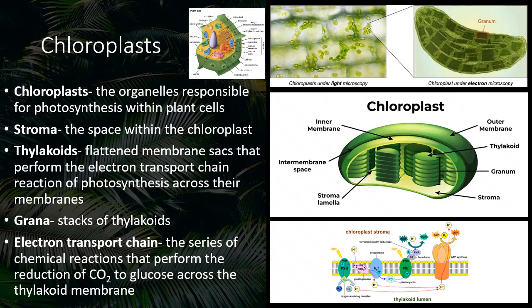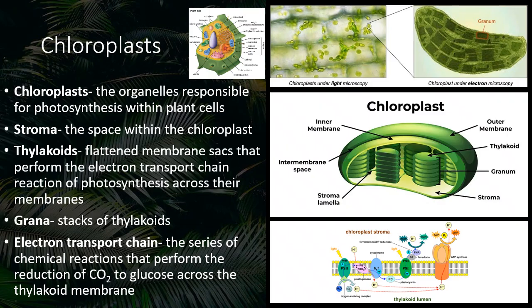Chloroplasts themselves have several parts. The chloroplast has both an inner and outer membrane, and then within the inner membrane, there's some space, which is called the stroma. And within the stroma, we find little membrane sacs called thylakoids that almost resemble little pancakes.